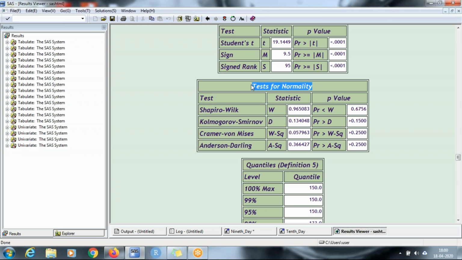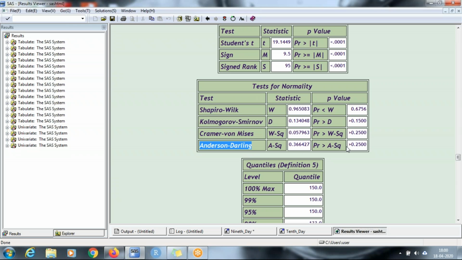If you look here, this is showing us the test for normality, and these are your p-values. There are 4 different tests. However, the most popular one is this Anderson-Darling test.